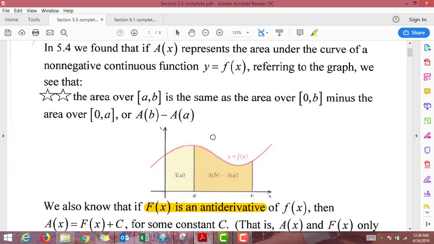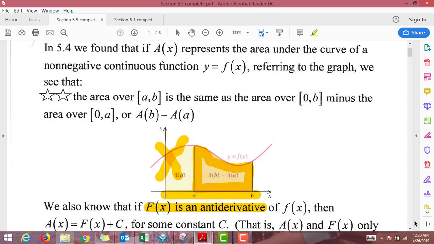So what we're going to see is if I wanted the area between an x value of a and an x value of b and the function and the x-axis, one way to think about that is if I found the area all the way from 0 to b and then I subtracted off the area I didn't want from 0 to a, then what I would be left with is just the area from a to b.